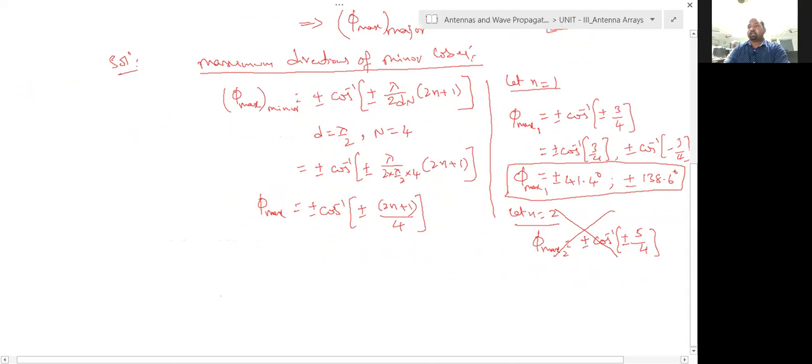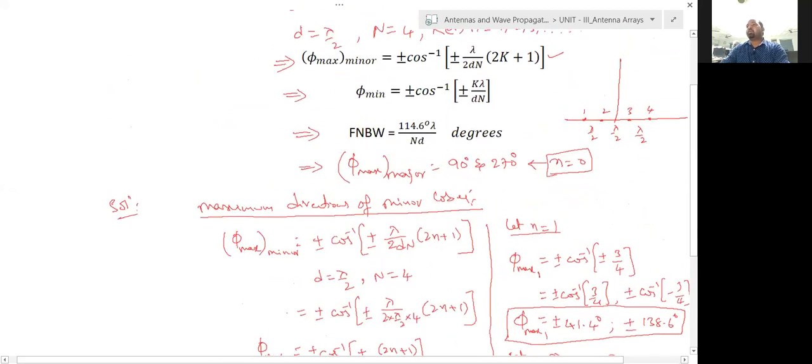And secondly, let us try to determine the null directions, or minima directions. And what is the formula we have?